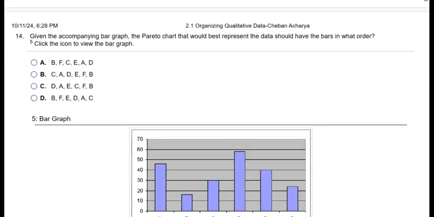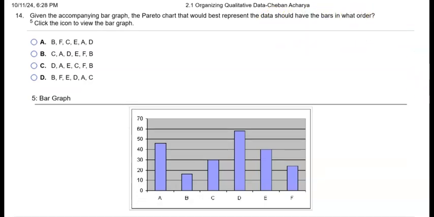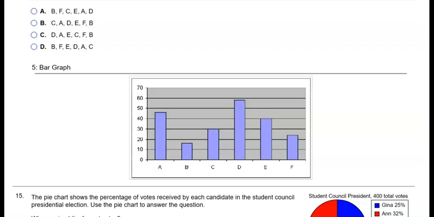Question 14. Given the accompanying bar graph, the Pareto chart that would best represent that data should have the bars in what order? Remember that a Pareto chart has to have the bars in decreasing order. So to make a Pareto chart, D must be first.